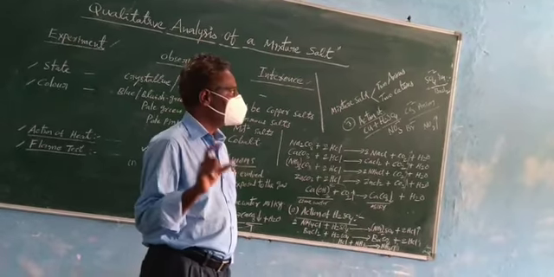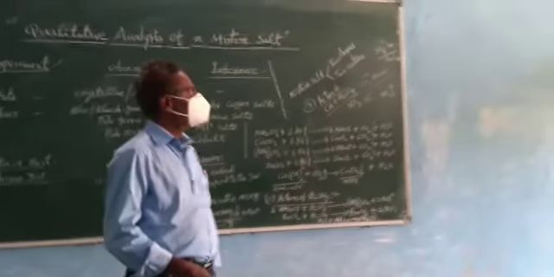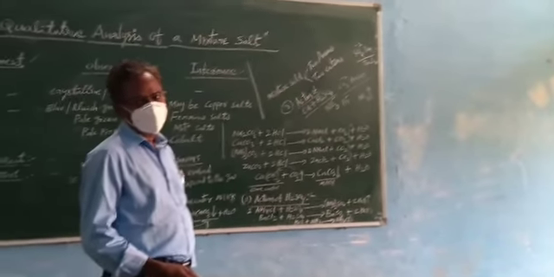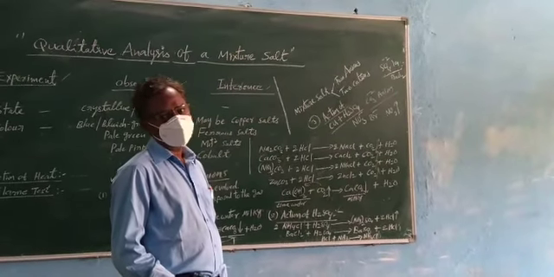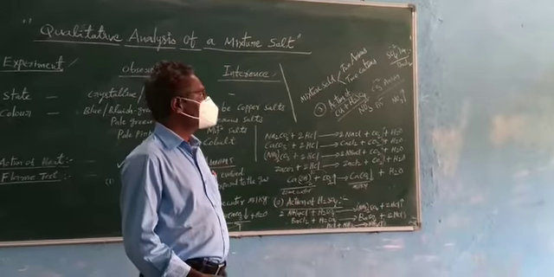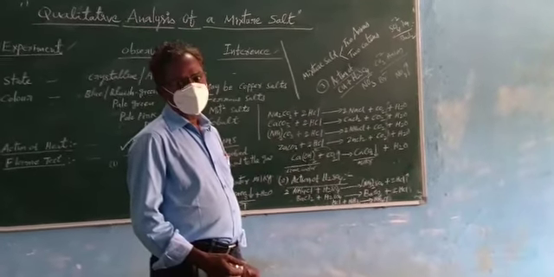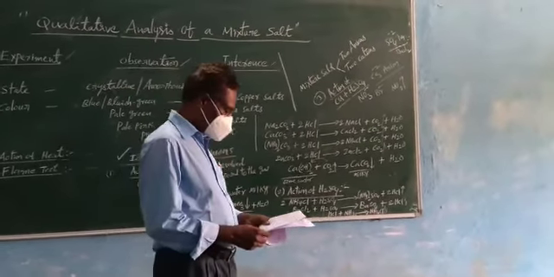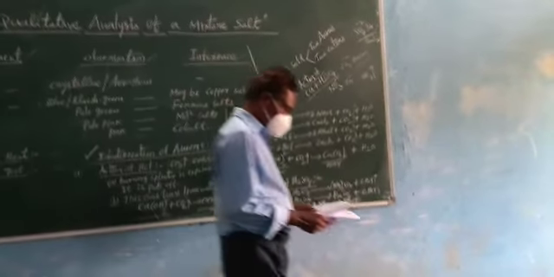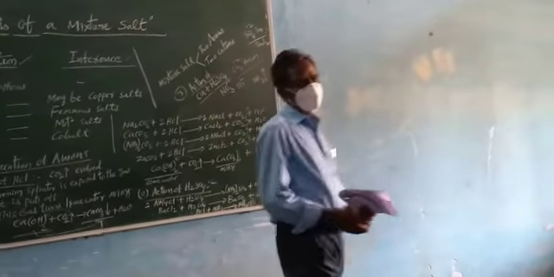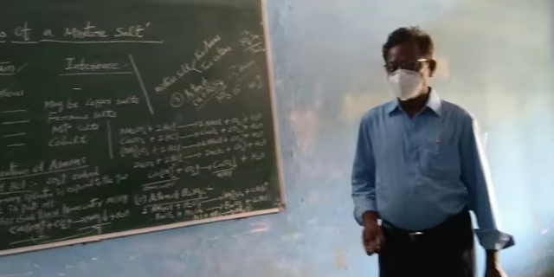Formation of the white precipitate with barium chloride solution indicates the presence of sulfate ion. So this is the barium chloride solution test for identification of the sulfate ion.